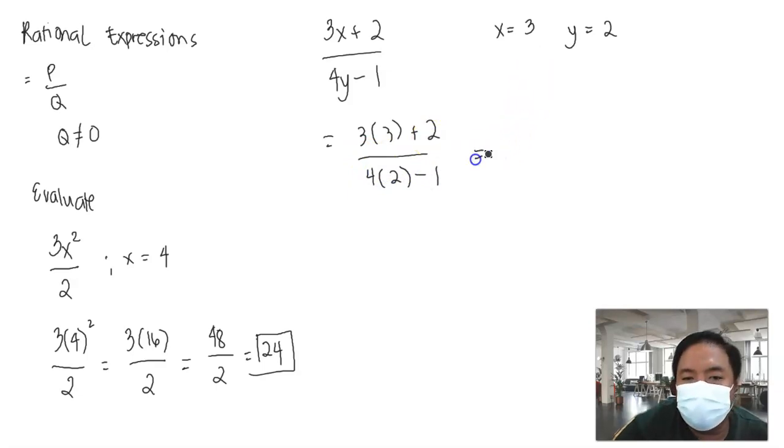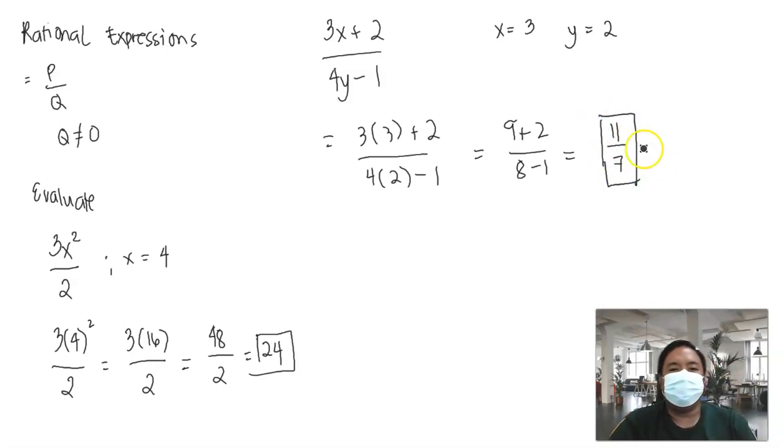So that will give us 9 plus 2 and 8 minus 1. 9 plus 2 is 11. 8 minus 1 is 7. So yan na po. Lowest term na po ba yan? Yes. So that's our final answer na po. Okay. So that is for the evaluation of the rational expressions.